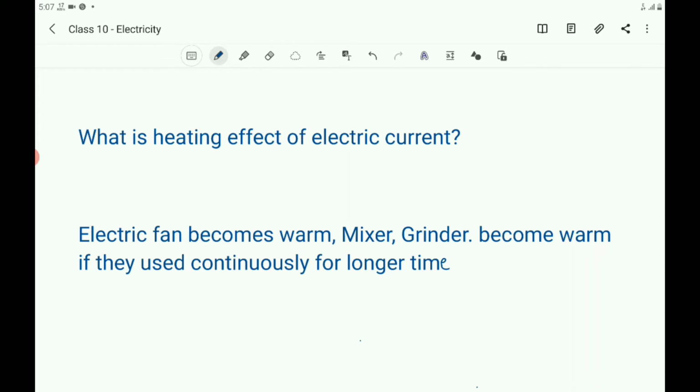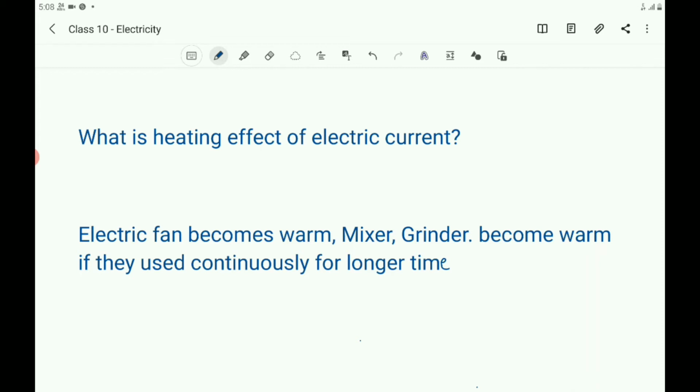So here, if you are using a purely resistive circuit, that is a circuit which consists of only some resistors connected to a battery, and the circuit has maximum resistivity, then you can have the maximum amount of heat produced in the resistors.